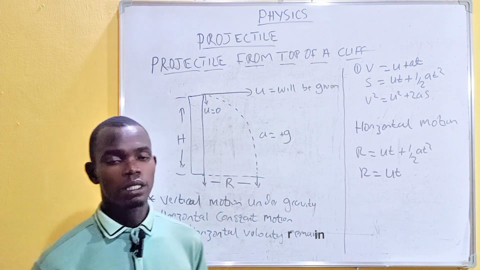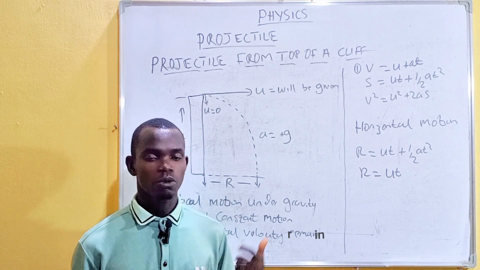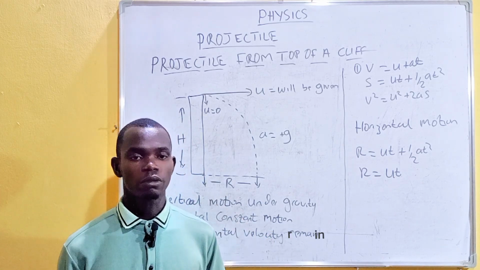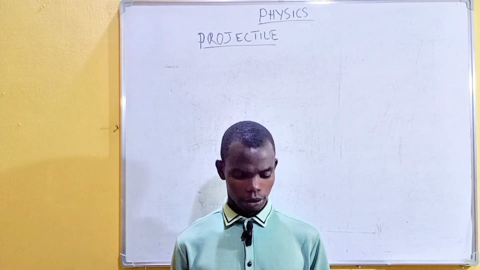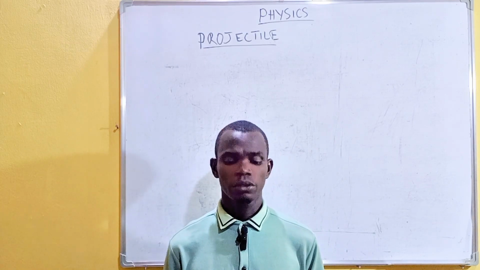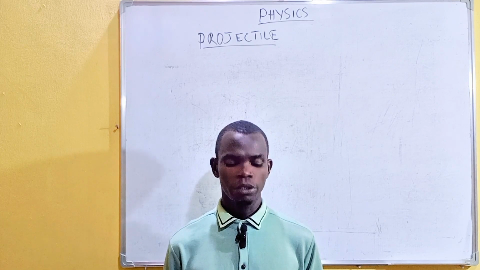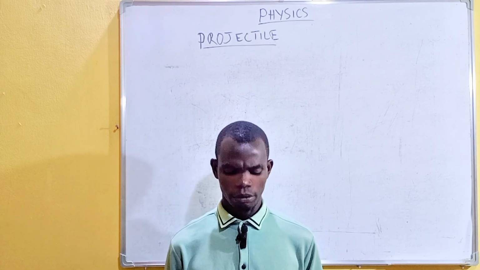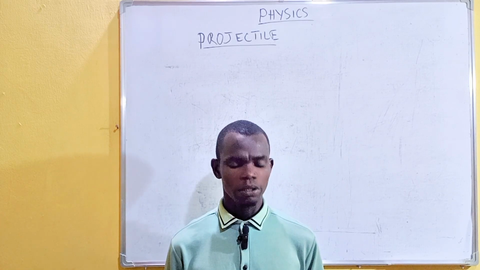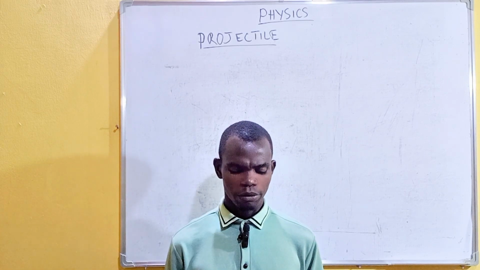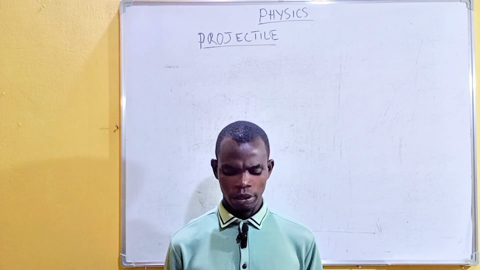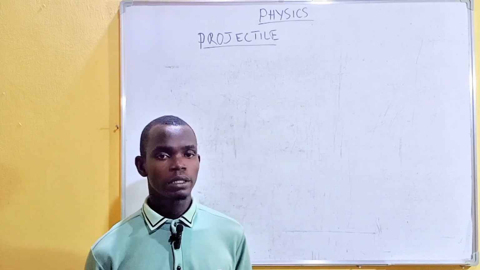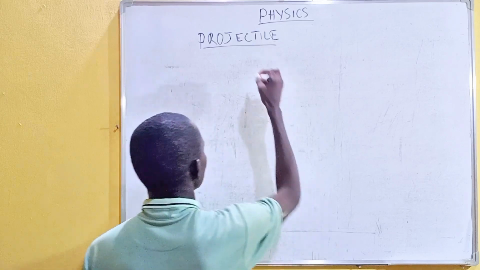So let's consider an example or solve some questions related to projectile from the top of a cliff. Question 1. A ball is projected horizontally from the top of a hill with a velocity of 30 meters per second. If it reaches the ground 5 seconds later, the height of the hill is dash. Let's bring out the given from the question.